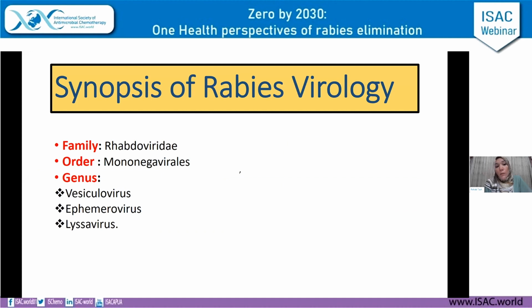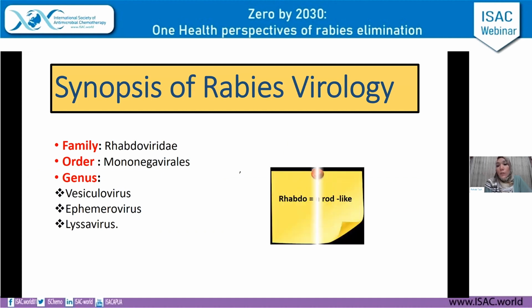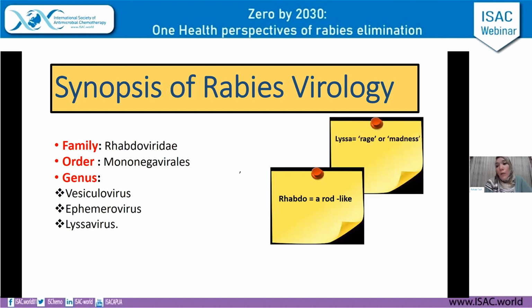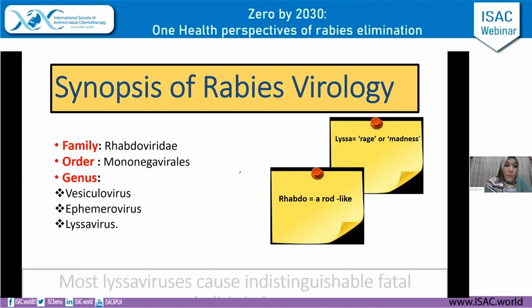Rabies virus belongs to the family Rhabdoviridae, which got its name from the rod-like shape under electron microscopy. It is a negative-sense, non-segmented RNA virus. Hence comes the name of the order Mononegavirales, and it belongs to the genus Lyssavirus. Actually, Lyssa comes from the Greek word for madness, the typical form of the clinical symptoms of rabies.